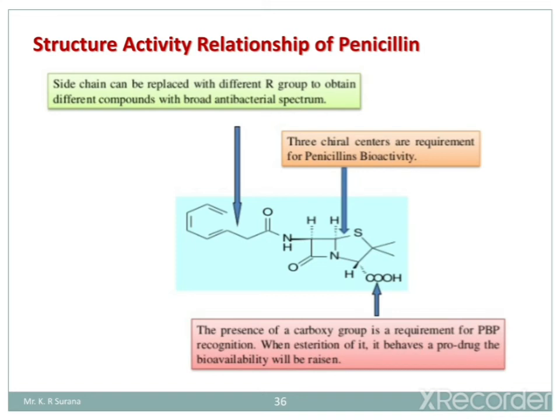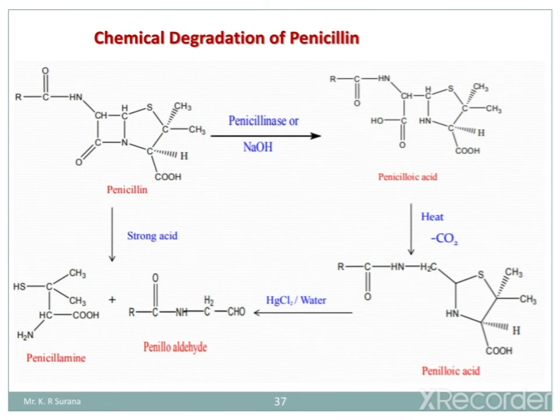So basically the carboxyl group at position 3 is required for activity, and once we esterify it, converting it into an ester, it becomes a prodrug and increases its biological activity. So this is the SAR of penicillin. Now we will move to the chemical degradation of penicillin.